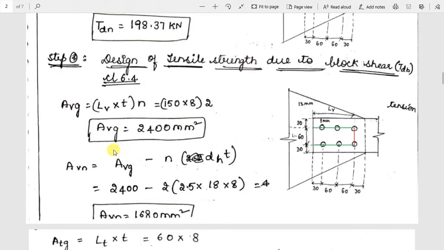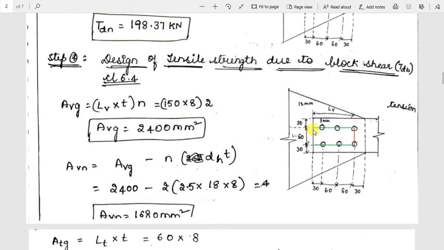Next we will be calculating Avn. It is nothing but Avg minus n into DH into t. Avg I have obtained here, the gross. Minus n is 2, that means the number of shear planes is 2. Now DH is 18, t is 8. What is this 2.5? That means in each shear plane, how many bolt holes are participating?